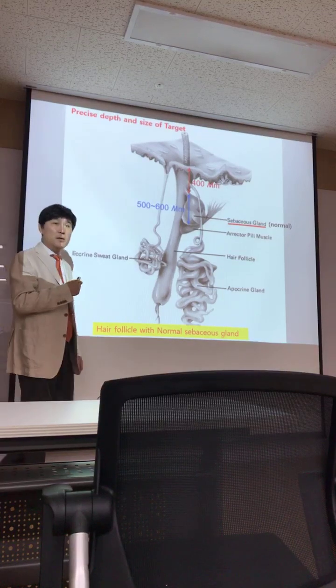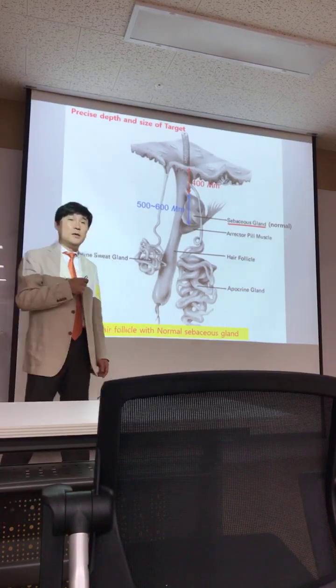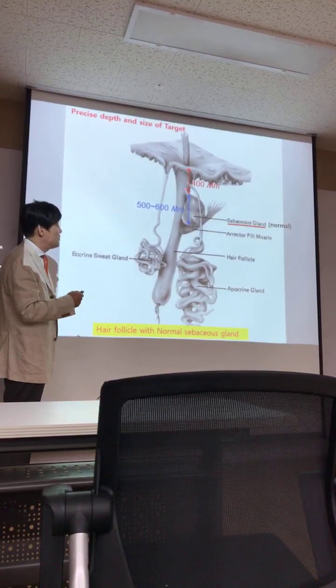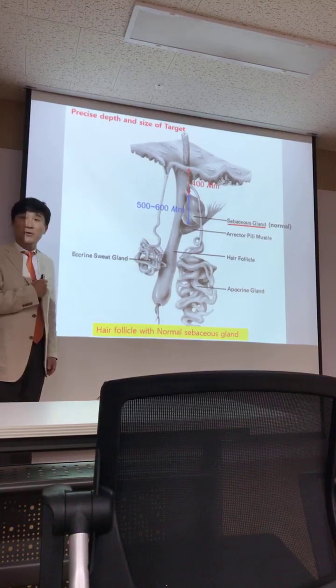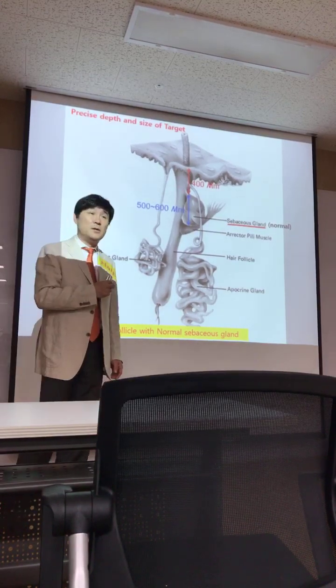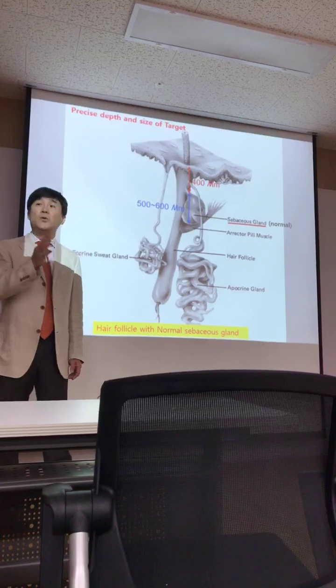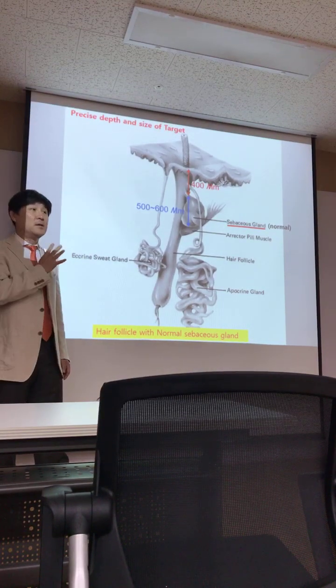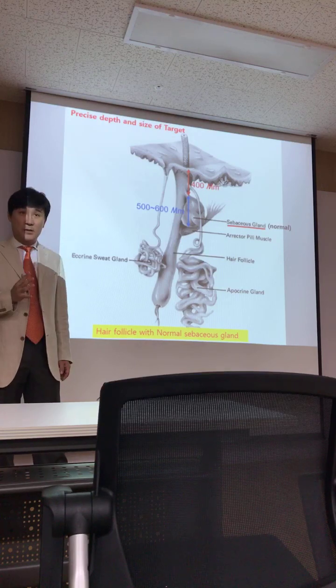It means we need a very short insulation length to protect only 400 micrometers. But there were no needle RF devices which had a short insulated part.